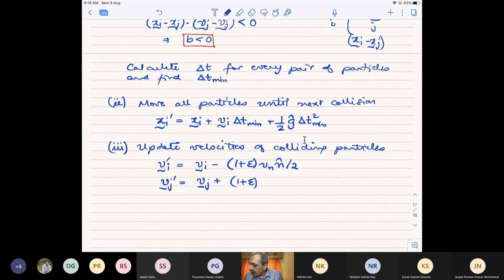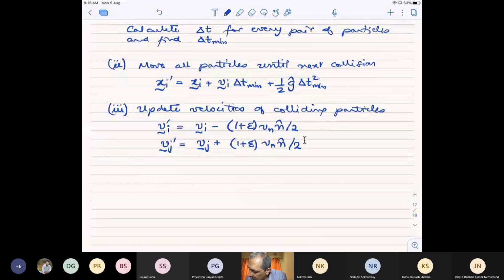And if you see this, here n is the unit normal vector in the direction of the line joining the centers. I should write this as xi prime, xj prime, so this is after the particles have moved. So these are the new positions.